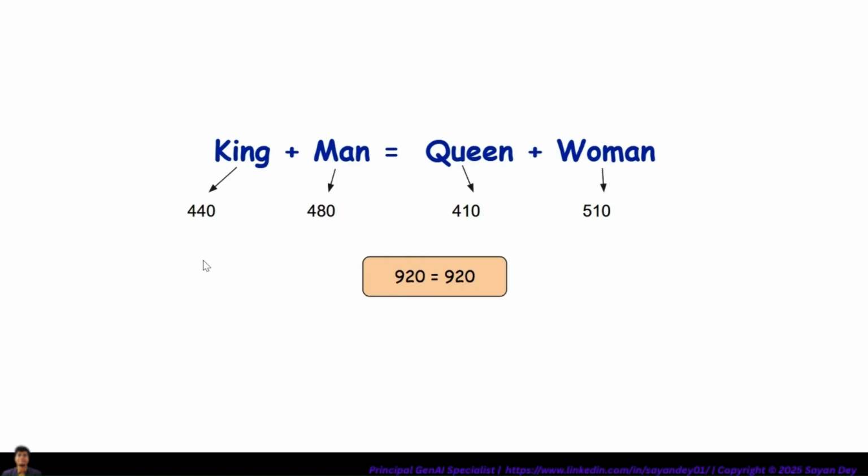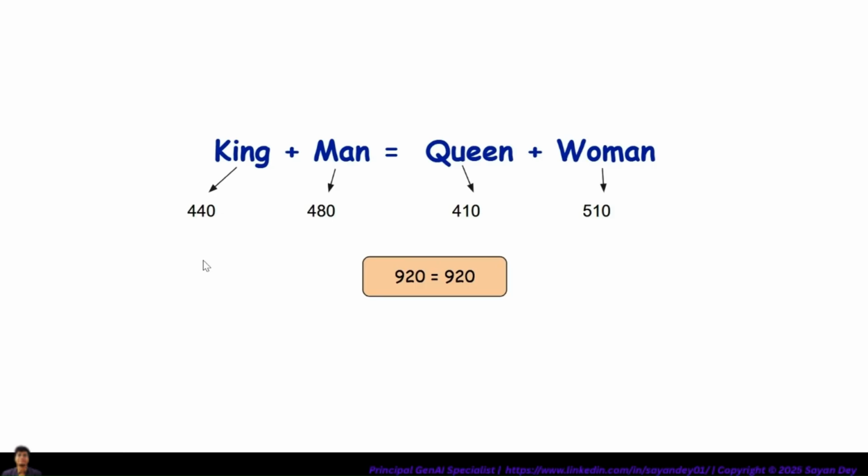And that is exactly what we refer to as Word2Vec. Word2Vec is an approach where we represent each and every individual word in a numerical vector format.